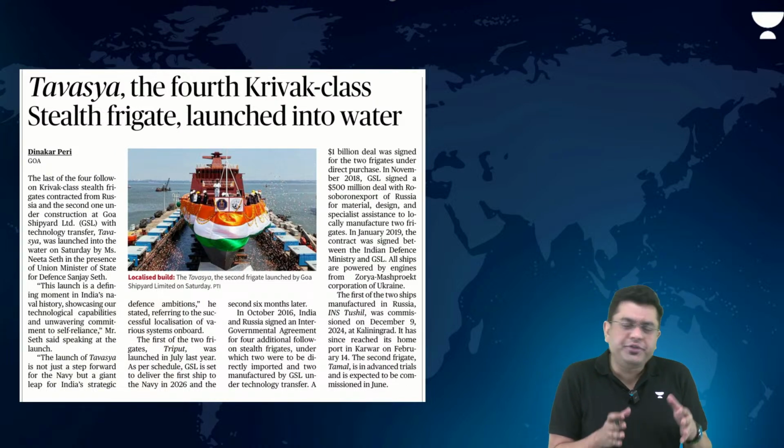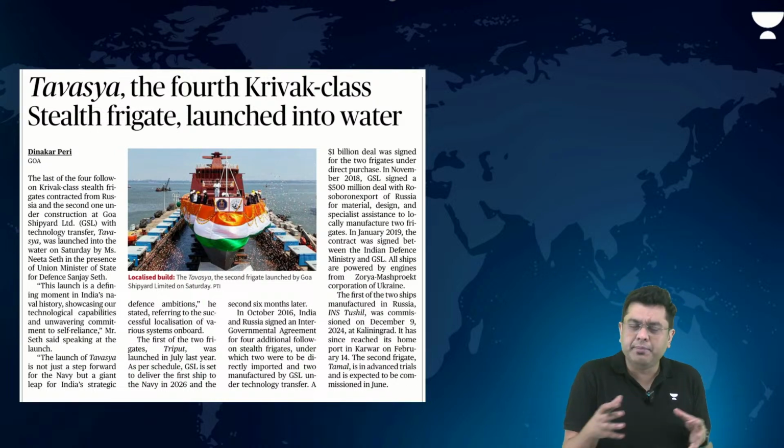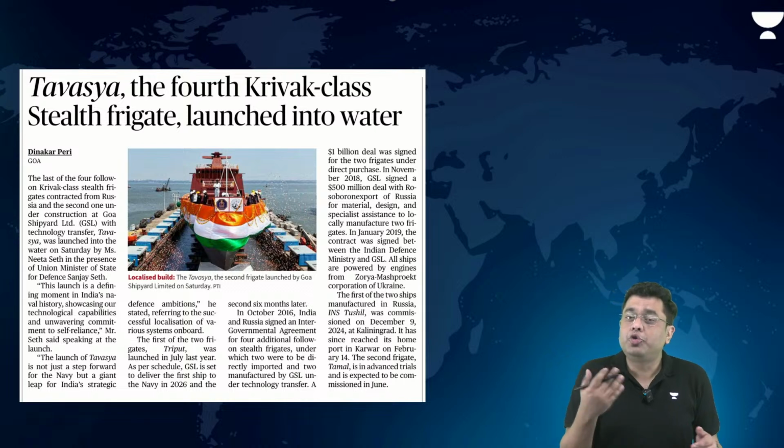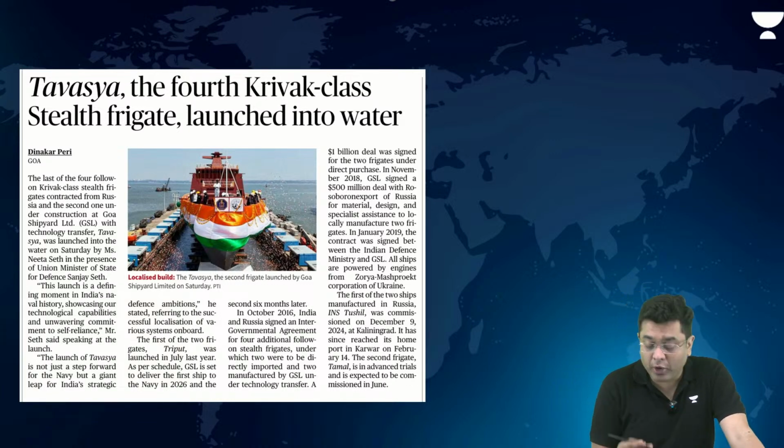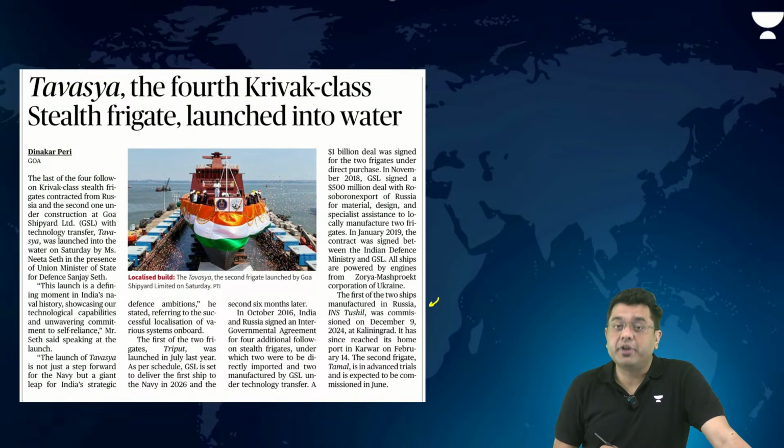Now, these are stealth frigates which have been in the making for some time. 2 of them have already been in action. One of them is INS Tushil, which was manufactured in Russia and commissioned on December 9, 2024.